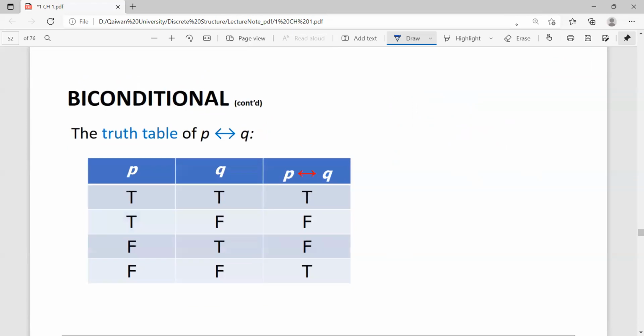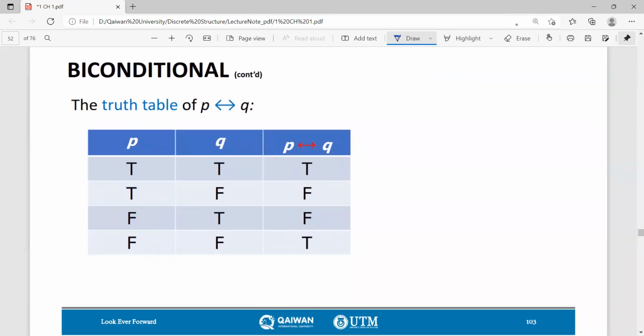Here you have the truth table for it. Look, here you have column P, column Q, then the column of P if and only if Q. True if and only if true is true. As I said, both are the same. False if and only if false is true.